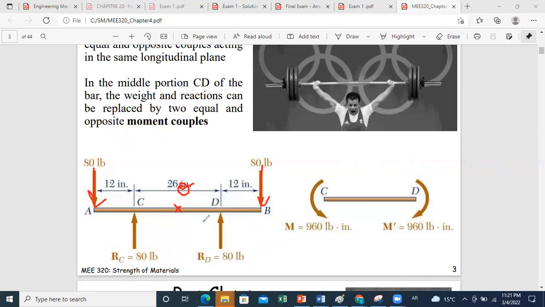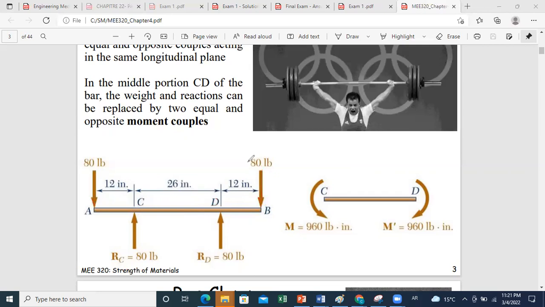So RC and RD should have the same magnitude because they are equidistant from O. So from the sum of moments about O, you get that RC is equal to RD. And since from equation 1 RC plus RD is 160, then RC equals RD equals 160 over 2. Whatever you do, you will get the same result: RC equals RD equals 80.